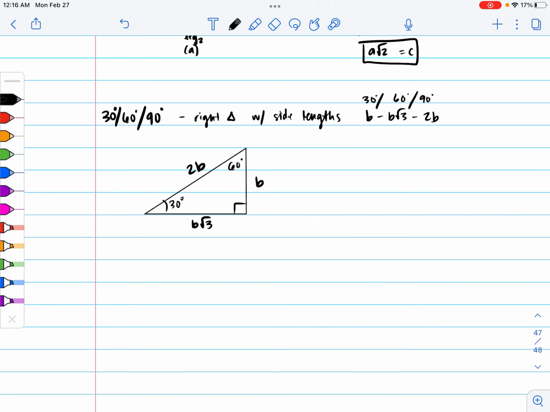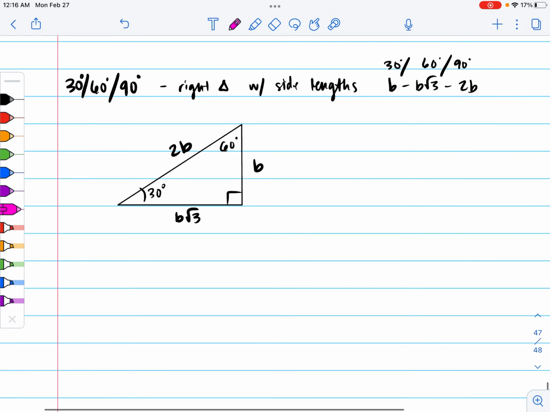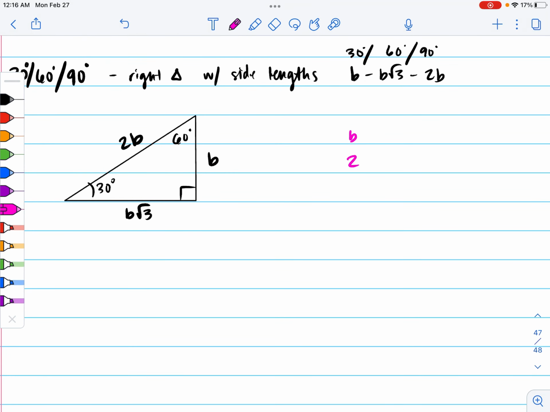If you don't believe me, you could try this out. Let's pretend B is the value 2. Then our right triangle will be as follows: this is 2, this is 2 root 3, and this is going to be 4.